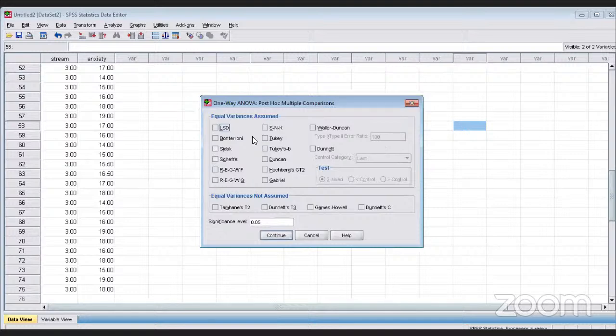For that, you have to do a post hoc test. And there are many. There are 1, 2, 3, 4, 5, 6 on this side and 6 on this side. So you can use, I am using Duncan's. Its complete name is Duncan Multiple Range Test. That is the complete name.